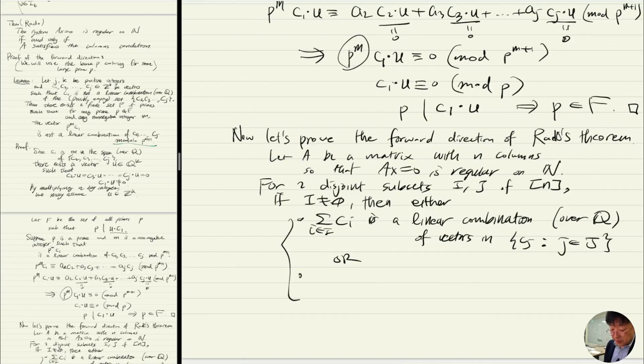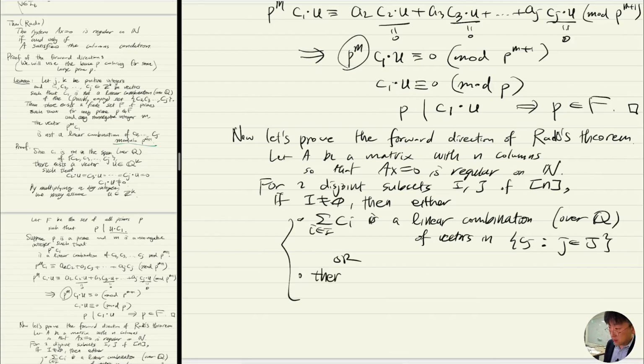By applying the previous lemma, take this vector as one of the C1. Then by the previous lemma, if it's not a linear combination, then there are only finitely many primes.